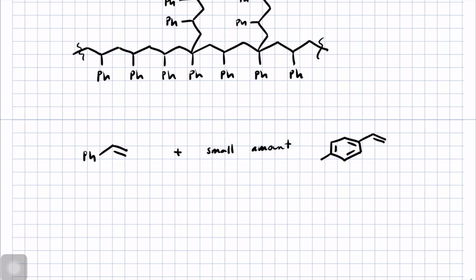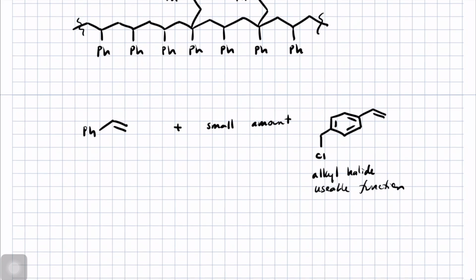So you've still got the place to do polymerization, but on the opposite side of the ring, you basically have an alkyl halide. This is a usable functional group that Merrifield incorporated into his polymer.